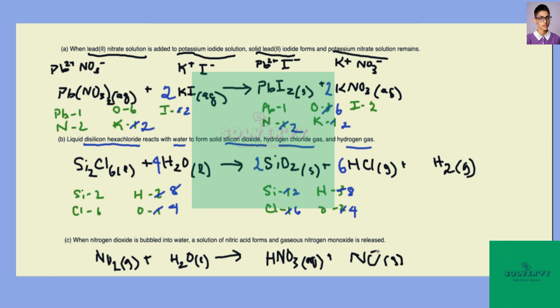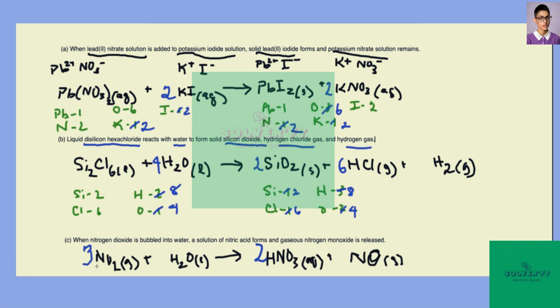Balancing this is a little tricky because I have 3 oxygens on this side and 4 on this side, so an odd and an even number. But as we work through it, there should be 3 nitrogens here, 2 nitric acids here.